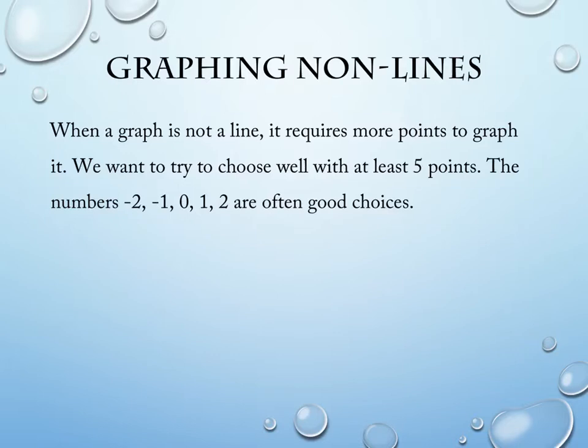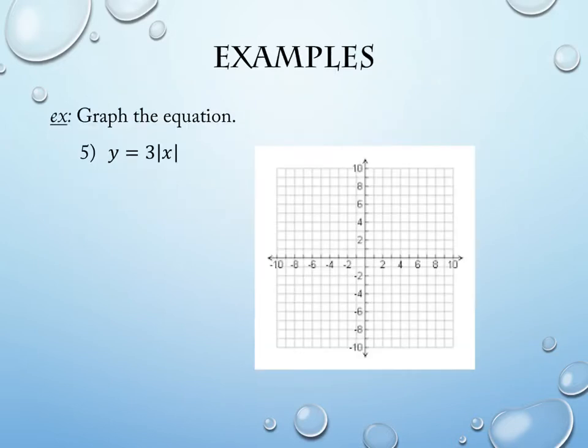So we're going to be graphing some non-linear equations. And the first one is actually an absolute value. I mentioned that earlier on, that we had the picture on number 2 of a graph of an absolute value function. So this equation says y equals 3, and then it has the absolute value of x. So as we plug numbers in, we're plugging our x values.